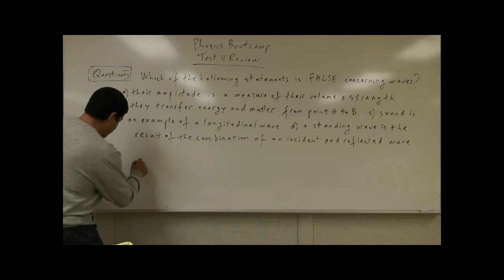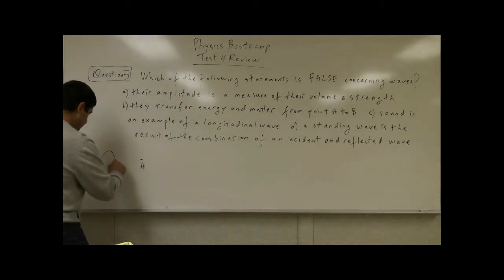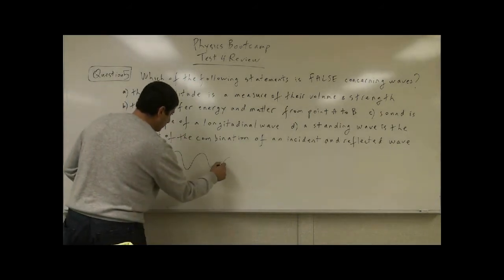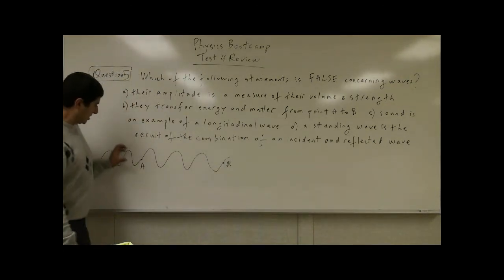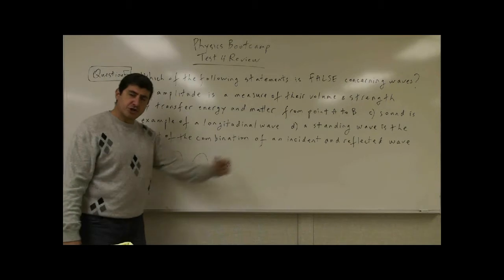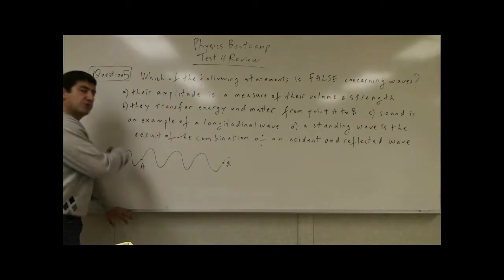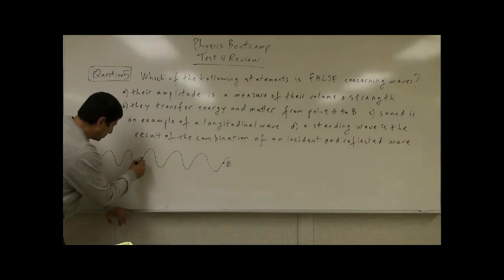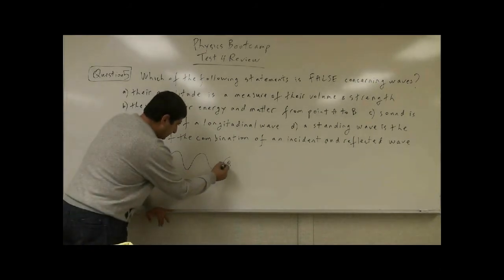So if this is point A and a wave is coming this way, and then let's say this is point B. Does the wave actually carry energy from point A to point B? Let's say this happened to be an ocean wave and there was something in the ocean like a bucket or a can, and then there was another can over here.